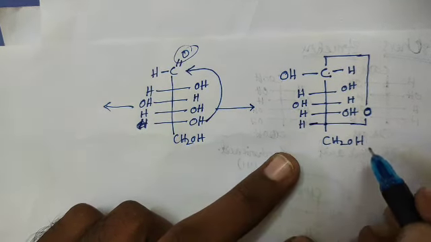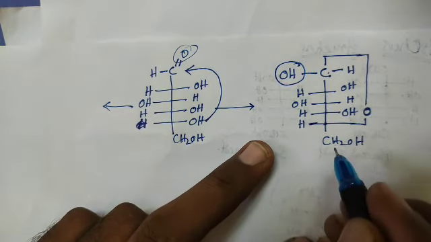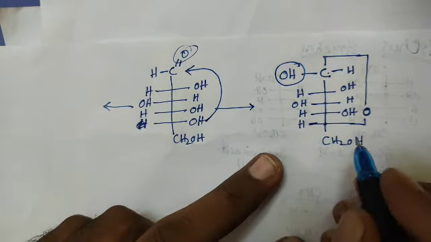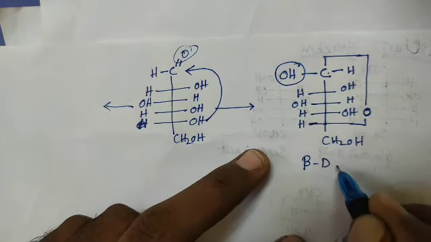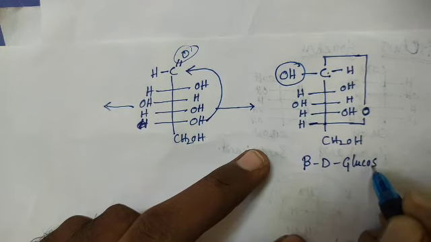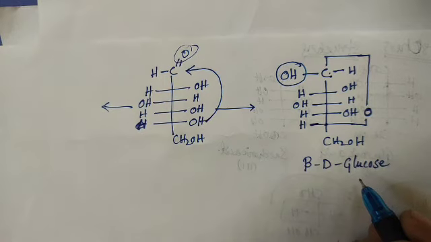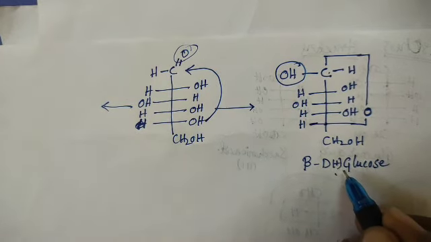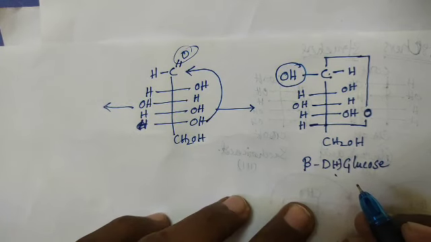So now this OH group on the left hand side, this one we will call beta D glucose. Beta D glucose. This is positive, as we discussed before in the structure.